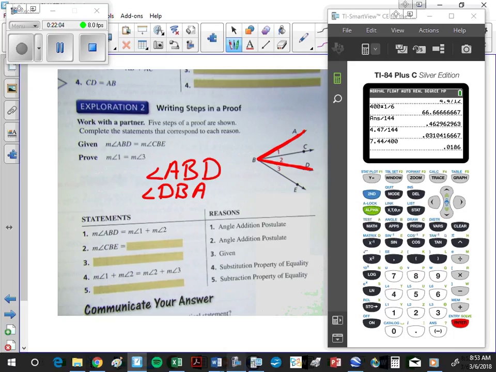Okay? So, given angle ABD is equal to, and you see those M's? Those M's mean the measure of angle, whatever. That just is talking about how wide they are, what their degree measure is. So the measure of angle ABD, this one right here, is equal to the measure of angle CBE.